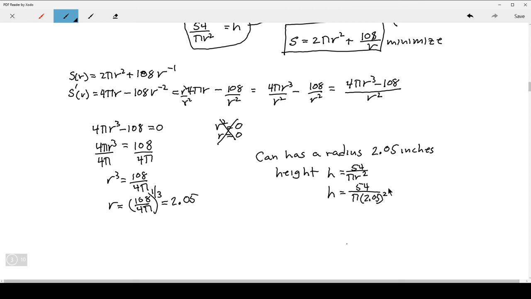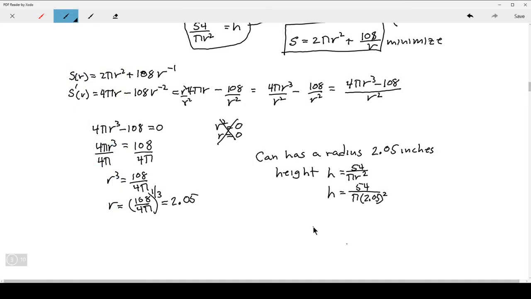So again, I'm going to go back to the calculator and work this out. So 54 divided by, and I need everything in parentheses here, pi times 2.05 squared.